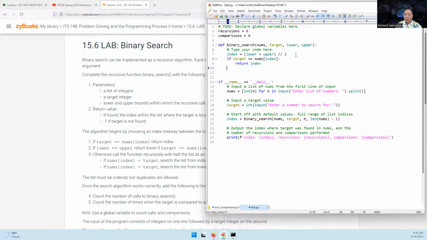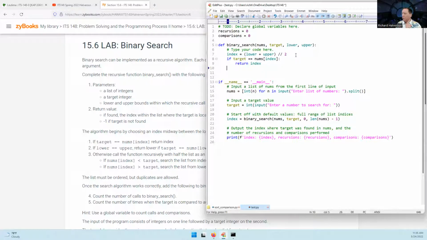So if it reaches this point, then I know that the target was not equal to nums of index. So now I've got to check to see if the upper and lower have crossed. How do I do that?